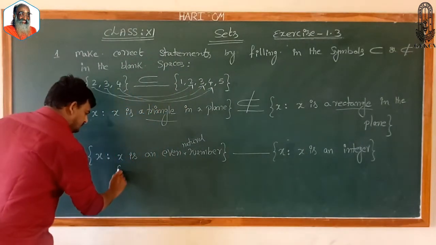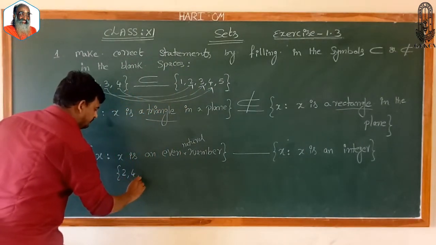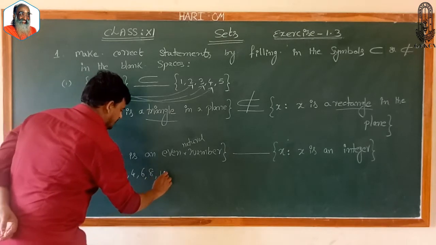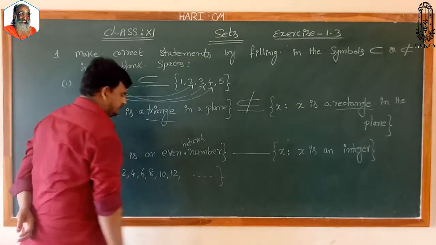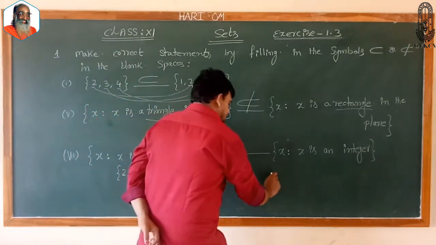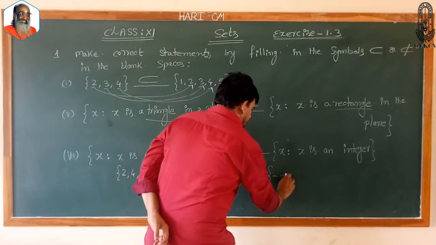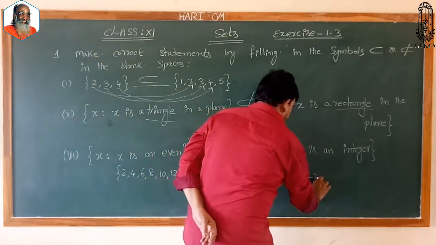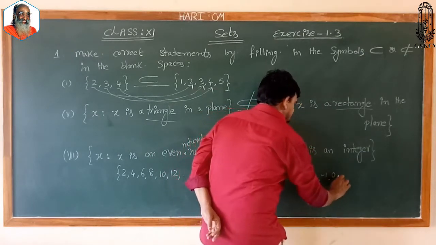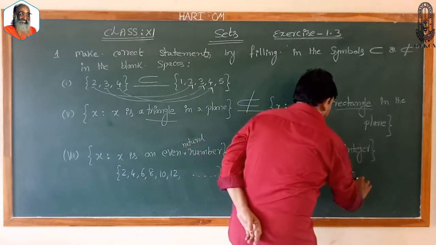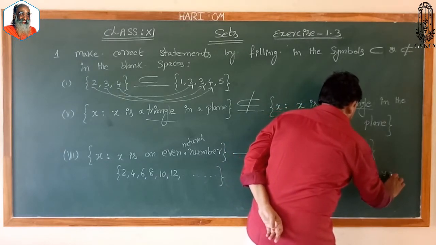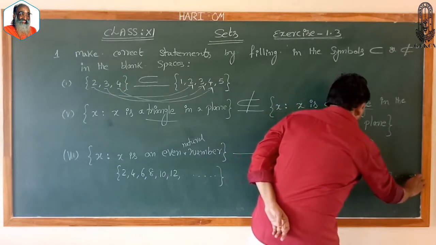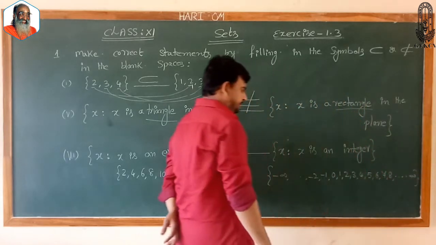What are the even natural numbers we have? 2, 4, 6, 8, 10, 12 and so on. And integers, what do we have? Minus infinity, minus 2, minus 1, 0, 1, 2, 3, 4, 5, 6, 7, 8 and so on up to infinity.